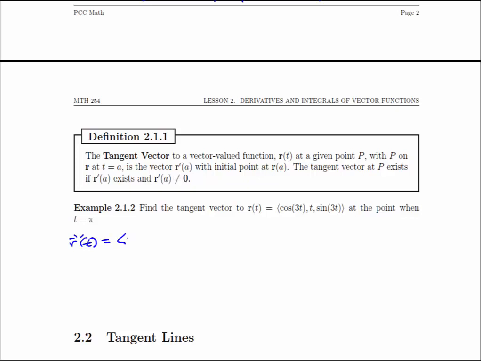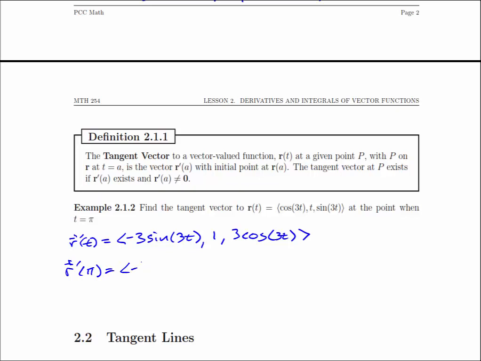That was negative 3 sine of 3t, 1, 3 cosine of 3t. And all I really need to do to find our tangent vector is plug our t value into our derivative function. That should give us a vector that points in the direction of the function at that specific point in time.